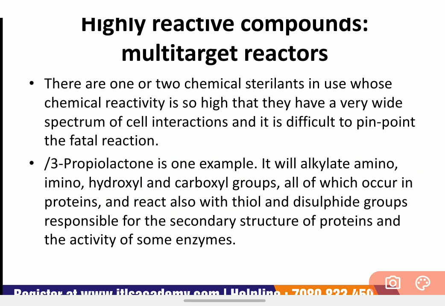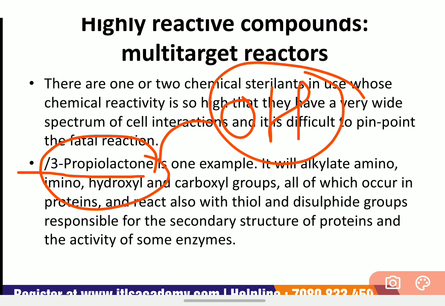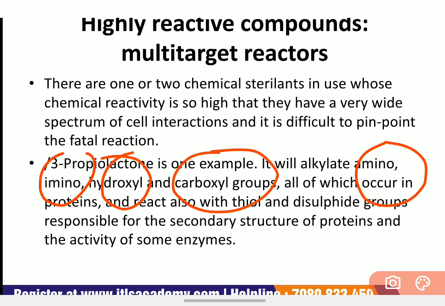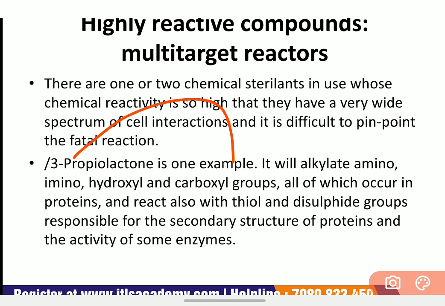This beta propiolactone will alkylate, that is it will add a hydroxyl group or any other alkylating agent, and it will change the nature of these groups, all of which occur in proteins, and react also with thiol and disulfide groups.